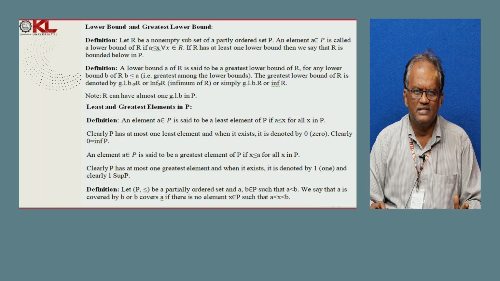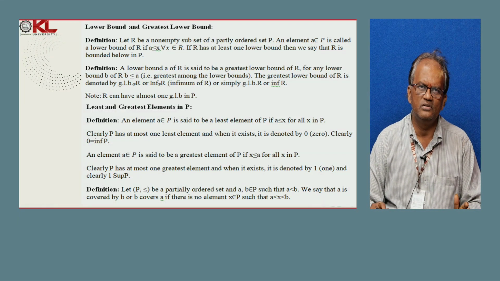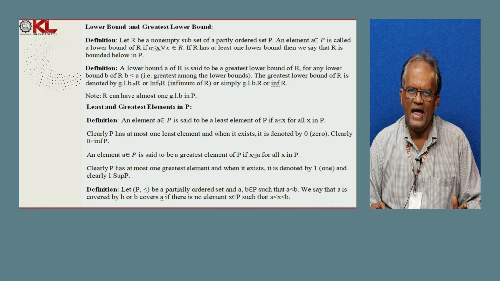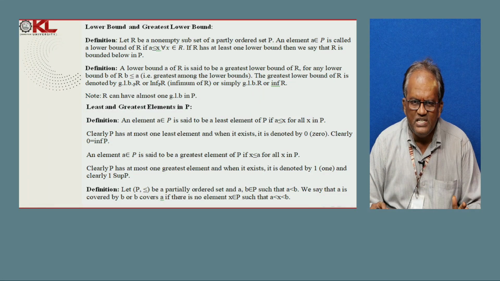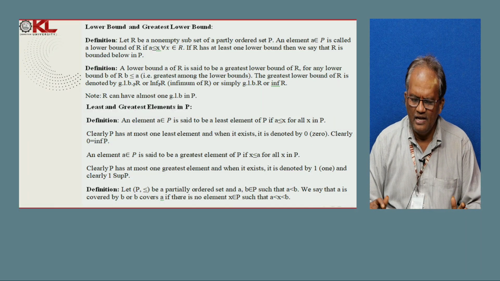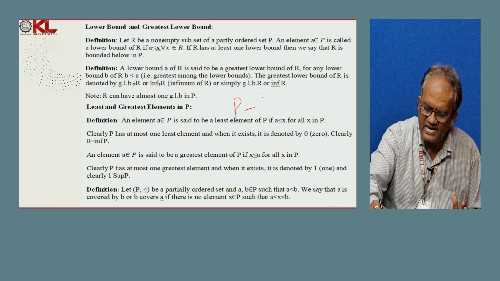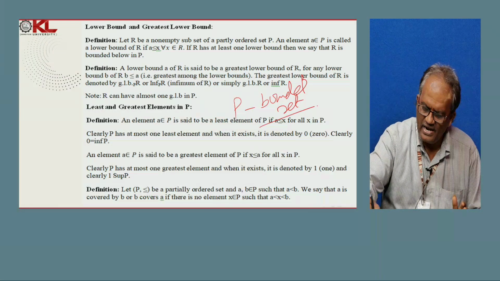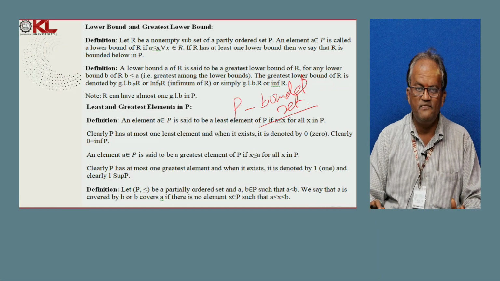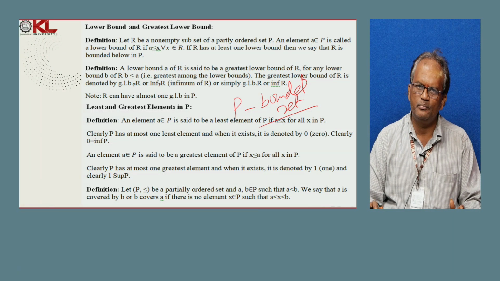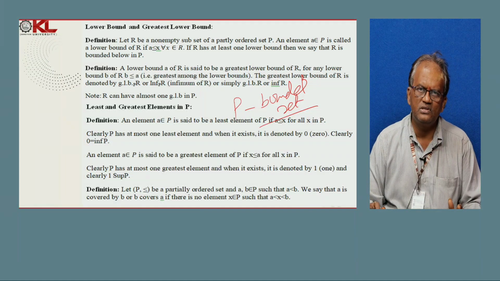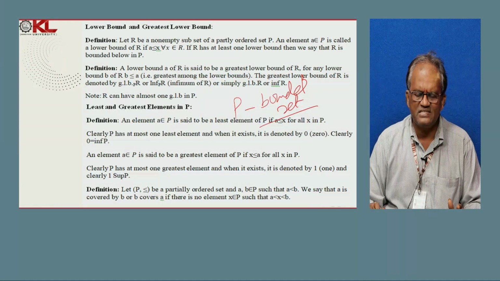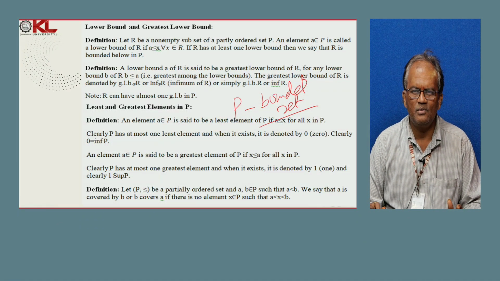So when a poset has both the greatest lower bound and the least upper bound, then we say that the poset P is a bounded set. This is also important. In a poset, if every element is comparable, the poset is called a chain. In a poset where both the greatest lower bound and the least upper bound exist, the poset is called bounded.